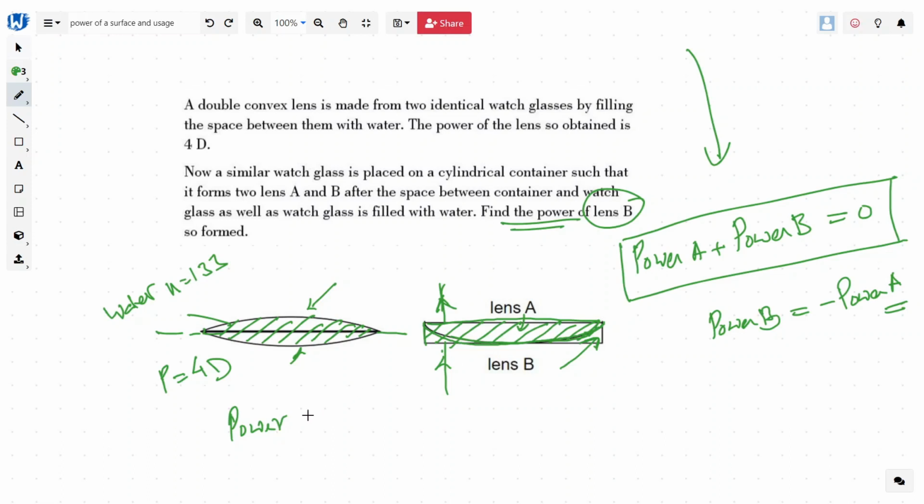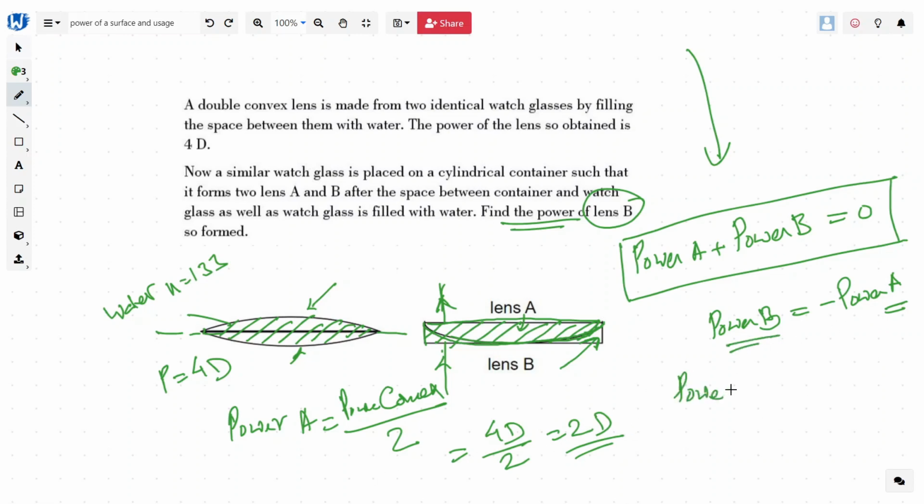So the power of lens A is the power of the convex lens divided by 2, so 4D divided by 2 is 2D, positive. Now the power of lens B is going to be minus 2D. The power of lens B, which we want to calculate, is minus 2 diopters.